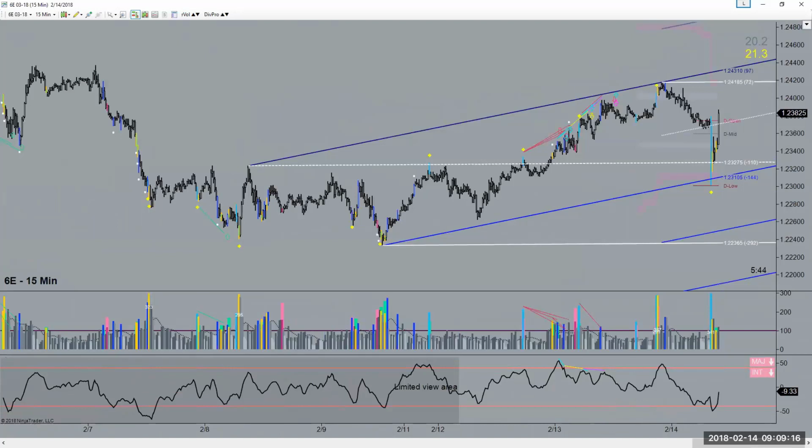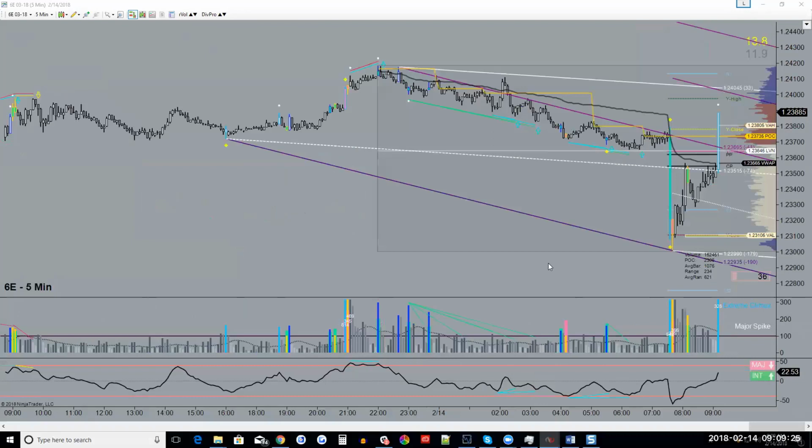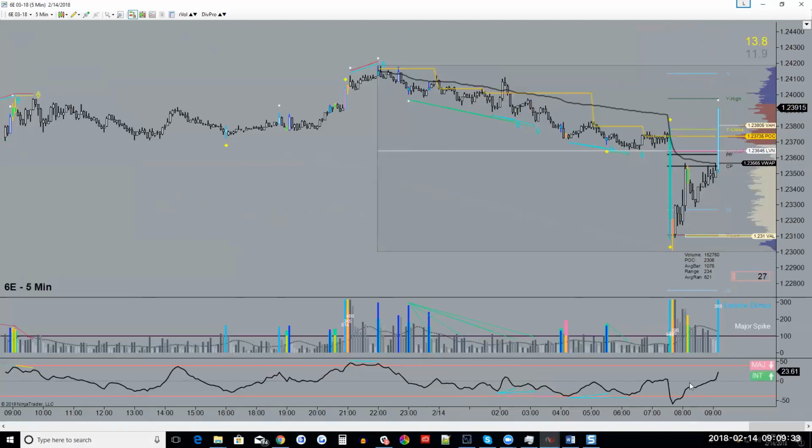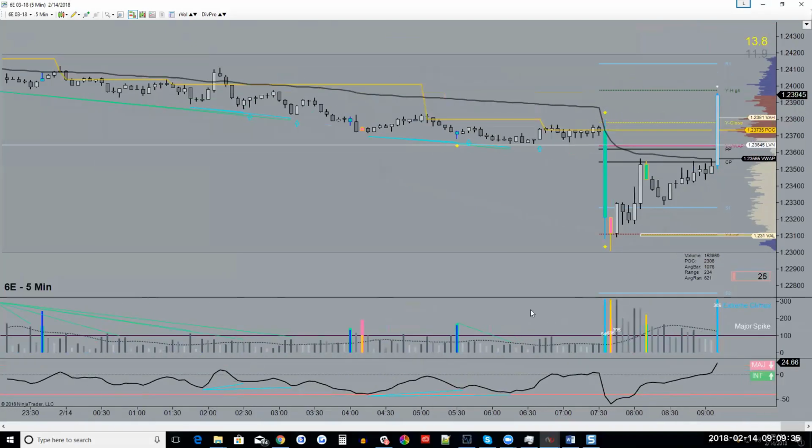That's a typical major report V bottom for you. It's exactly what they look like. Right smack into the area and immediate reversal right out of it. Massive selling climax followed by an extreme churn bar.